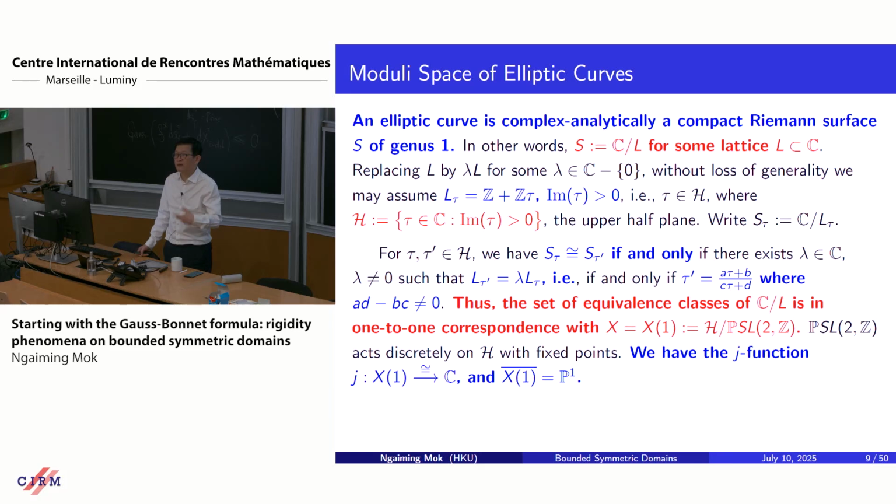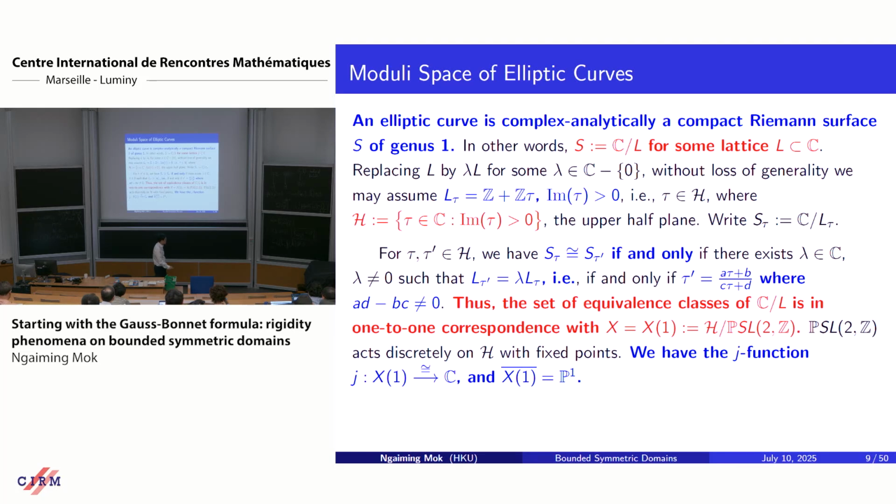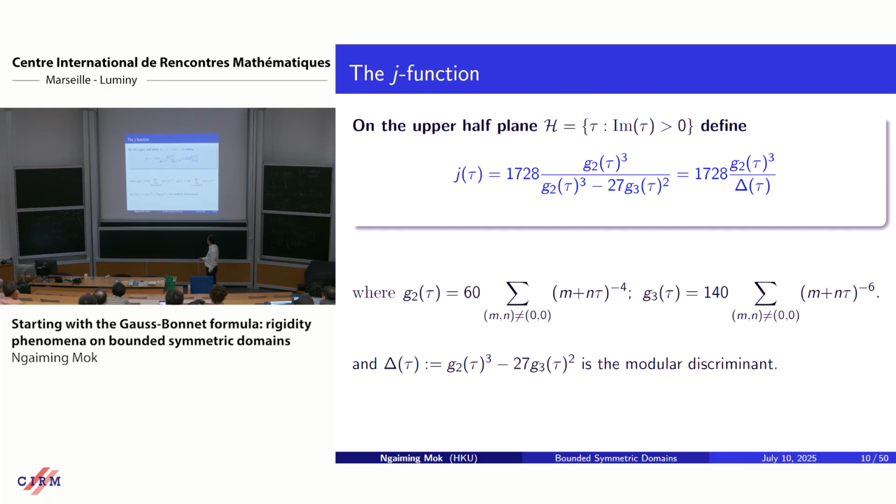If you want to remove them, then you introduce a level N structure, taking those elements which are congruent, for instance, to the identity matrix mod N. So for N sufficiently large, you can get things without fixed points. But the J function is very important. The J function is a quotient of two modular forms, and they are defined by the lattices.